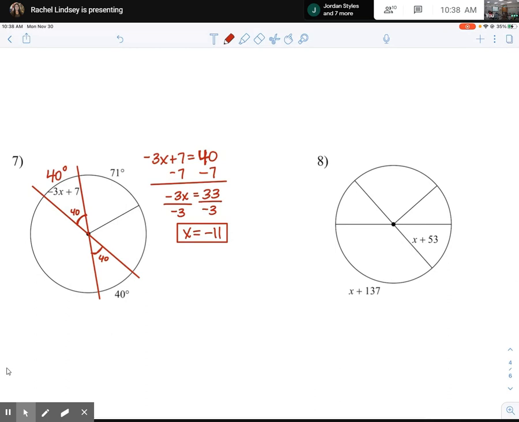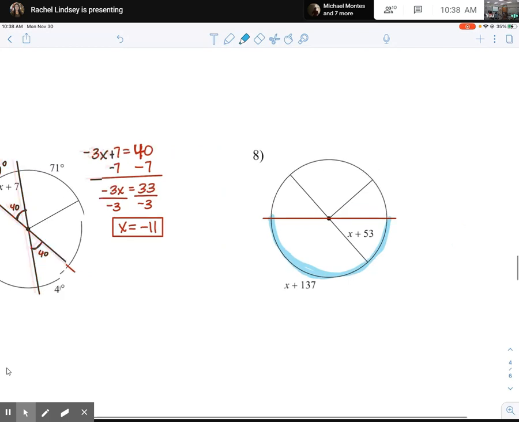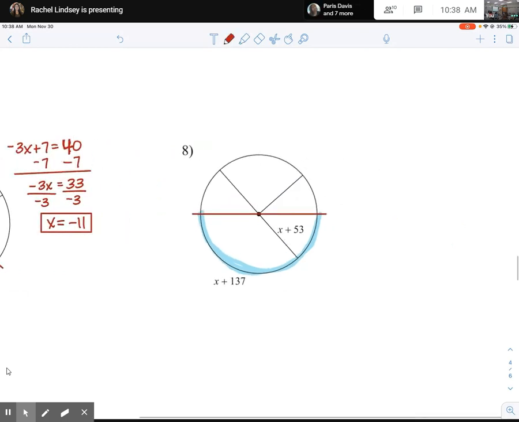Okay, number 8, this is a diameter. What should both of these arcs add to equal? 180. So we're going to add those two parts up and set them equal to 180. So I'm going to have x plus 137 and x plus 53. Add those and set them equal to 180.